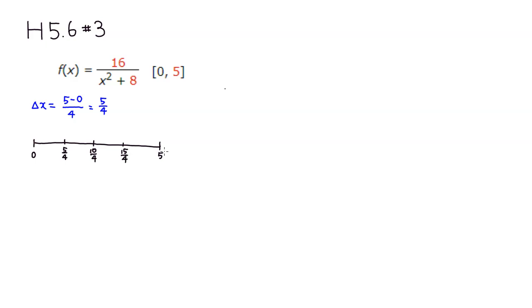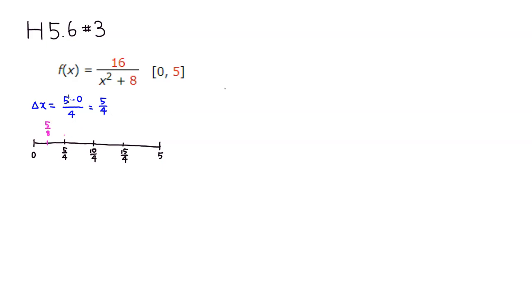And then we just have to find the midpoints. Take those endpoints, add them up, and divide by 2, so it's going to be 5/8. Then the next one: we can just add delta x, which is 5 over 4, the same thing as 10 over 8.